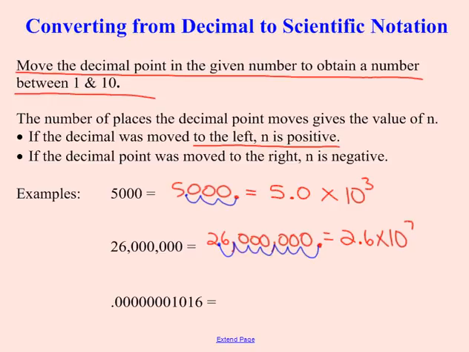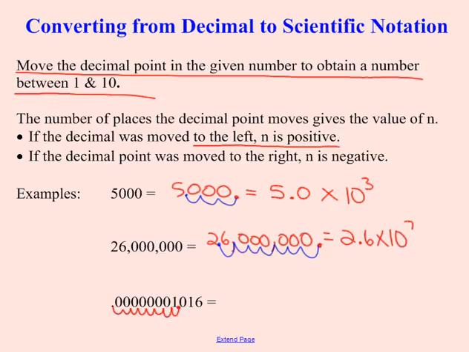And our last example. As you can see, we have a very, very small number here, and instead of rewriting that, I'm just going to move my decimal point from here and end up with a number between 1 and 10. So we have 1, 2, 3, 4, 5, 6, 7, 8.